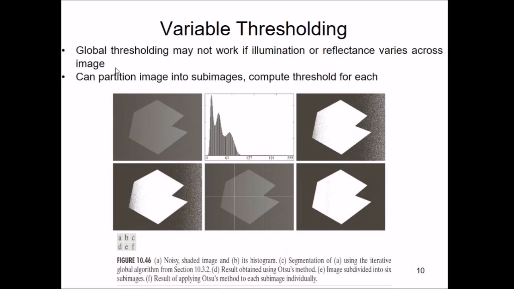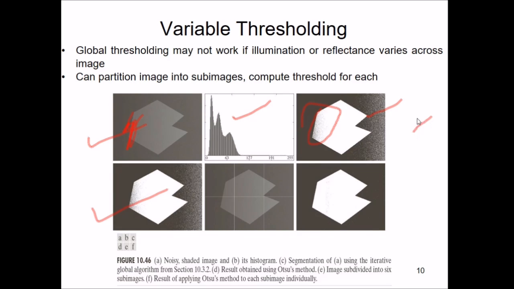Also, we have a variable threshold. Suppose this is a noisy shaded image, and this area has more noise. This is its histogram. Now if you do the segmentation using the iterative global algorithm, we find that there is a misclassification, not the proper classification which we intended. This is the result obtained from Otsu also.